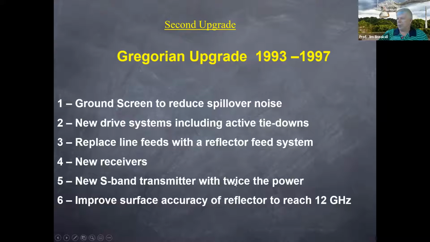There was a new transmitter for the radar that gave twice the power, and the surface was calibrated again, and now the observatory could work with signals up to 12 gigahertz, which is extremely high. That's way up in the microwave region.